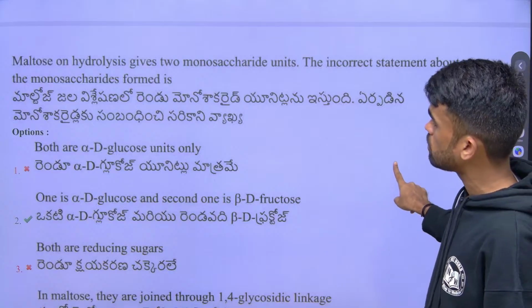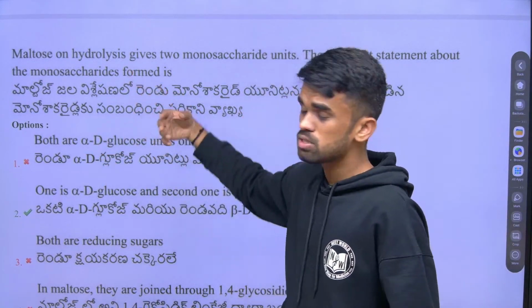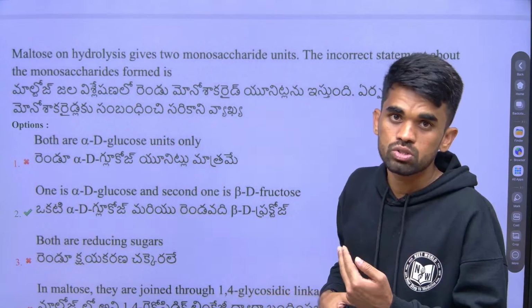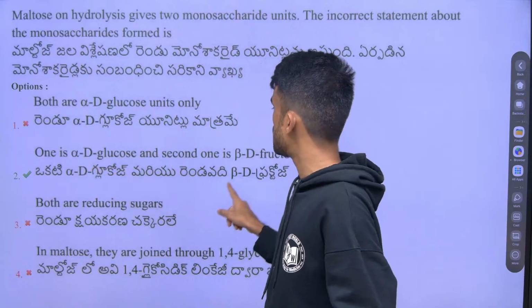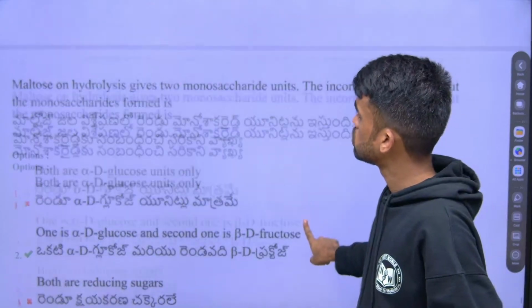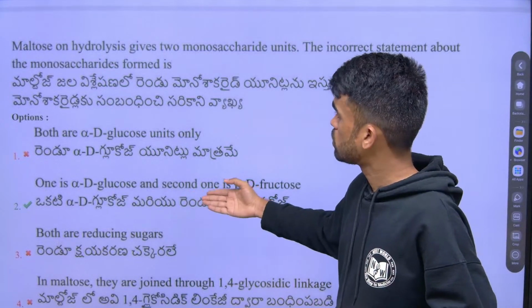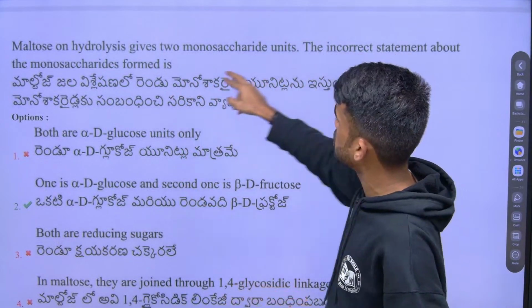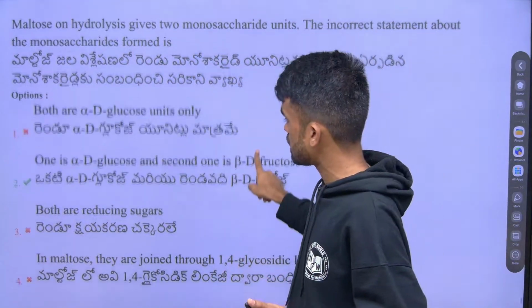Both are alpha-D-glucose, yes, they are correct, because maltose is made up of 2 glucose units. One alpha-D-glucose and one beta-D-fructose is incorrect, because that is something like sucrose, not maltose. They are asking about the incorrect one, so the second statement is incorrect.